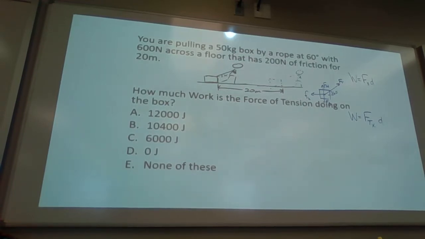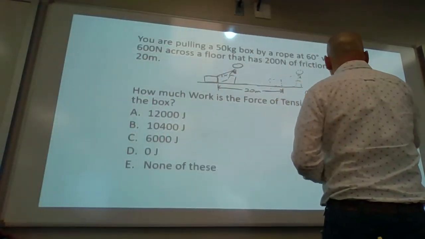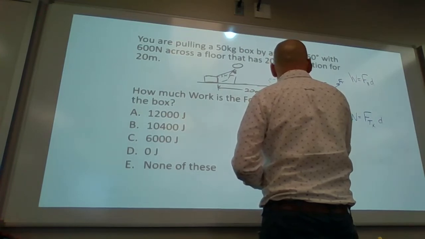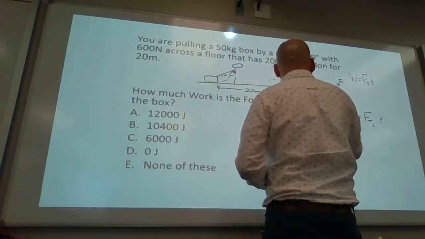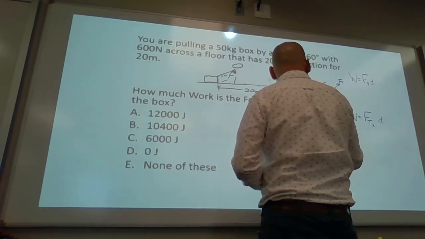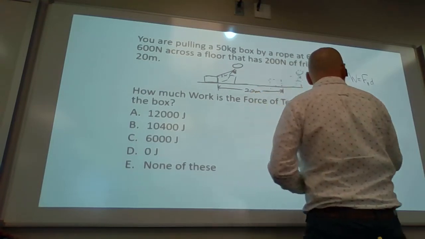Cosine of 60 gives you 0.5 times 600 gives you 300, times 20 meters, 6,000. Just super fast: cosine of 60 is equal to FTX over 600, so FTX is equal to 300.